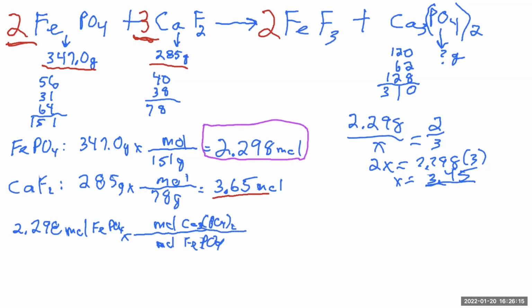Okay, look at my ratio. Moles of iron phosphate is 2. Moles of calcium phosphate is 1. So now I got moles of calcium phosphate. I want to go back to grams, to see how much is going to be produced. That's what the question was asking me.